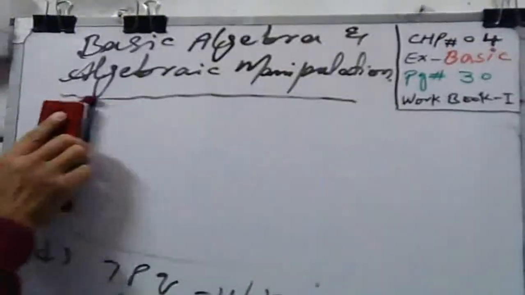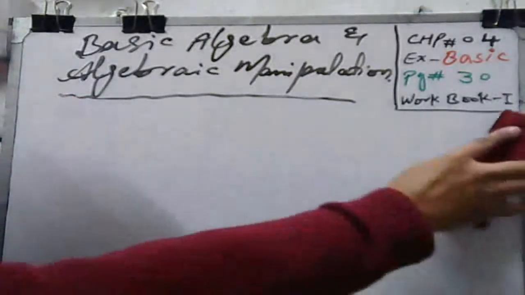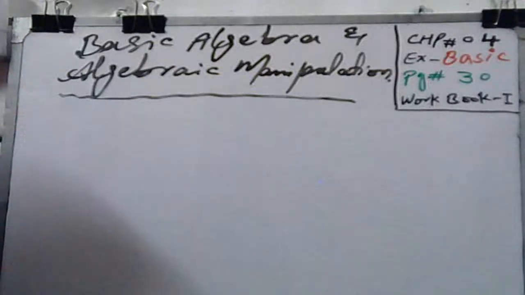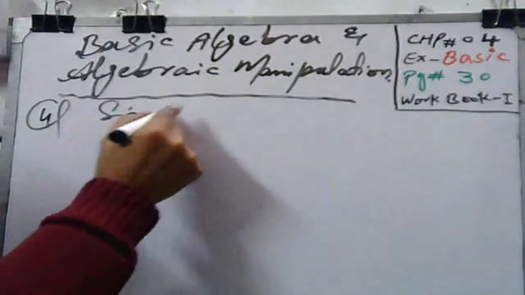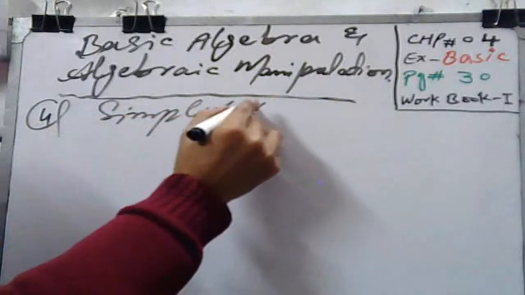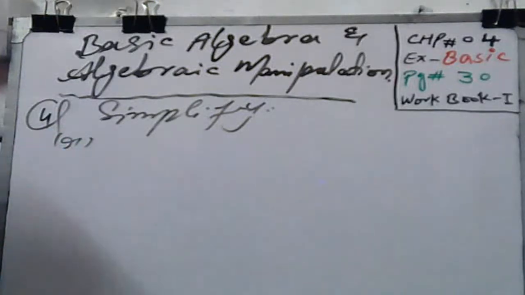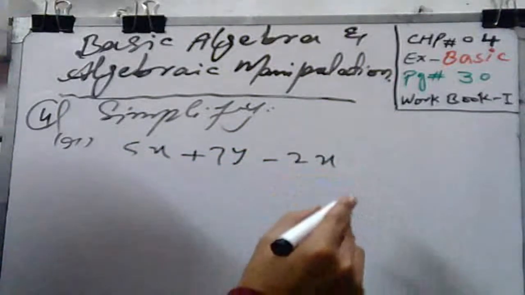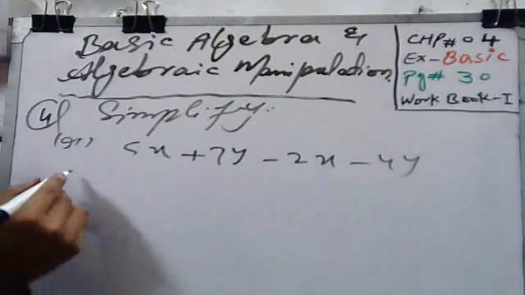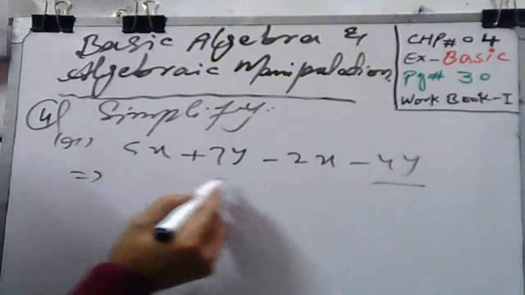Coming to question number 4. Simplify. That is in A part, 5x plus 7y minus 2x minus 4y.